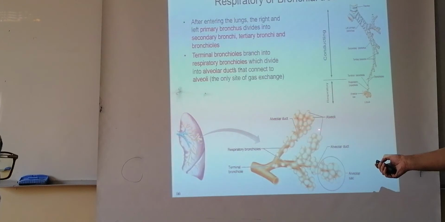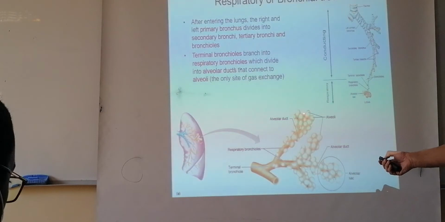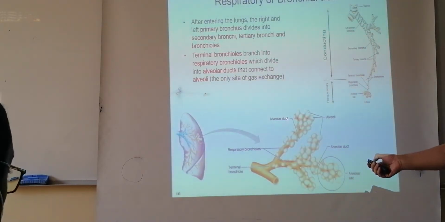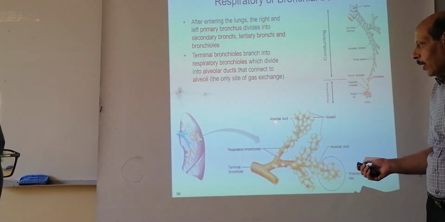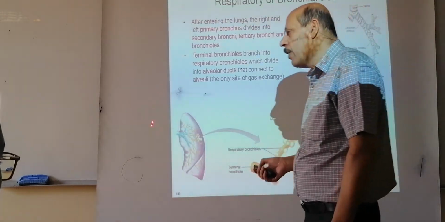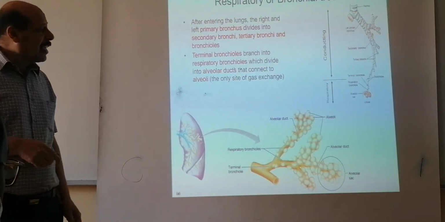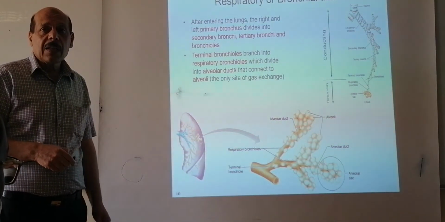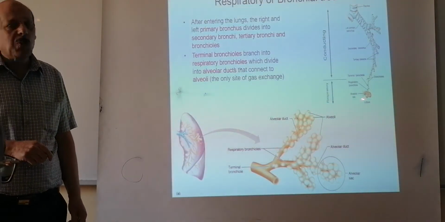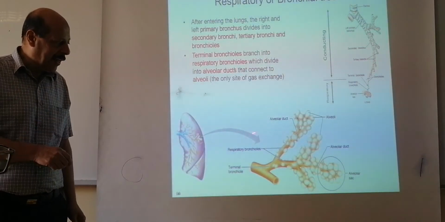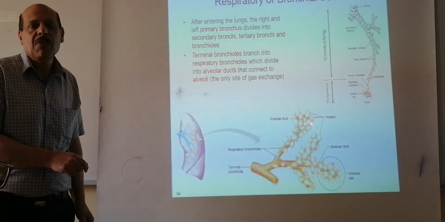Then the alveolar duct, alveoli and alveolar sac, which is the end part at the end of each branch of the small bronchioles. Actually, the exchange of gases between the external air and the blood vessels occurs here in the alveoli.